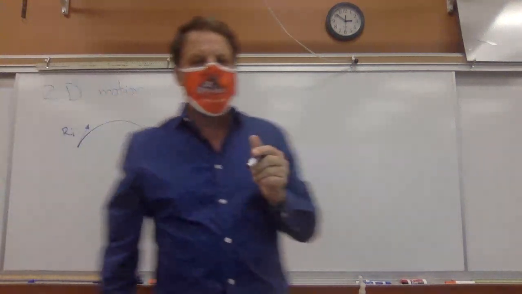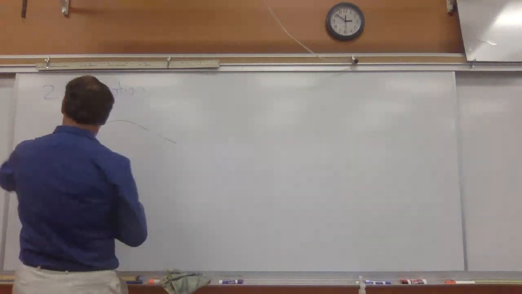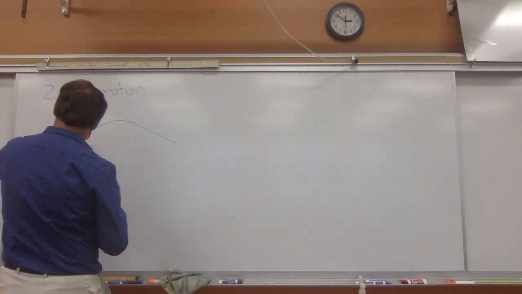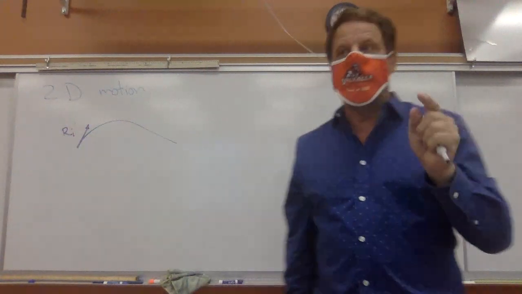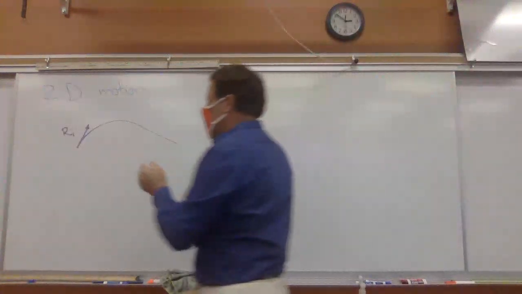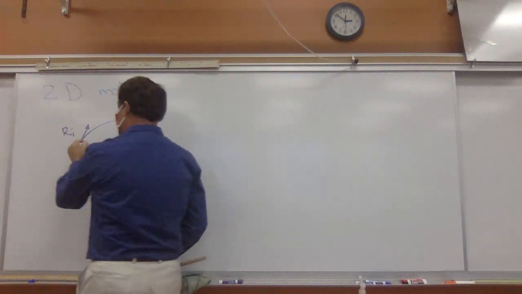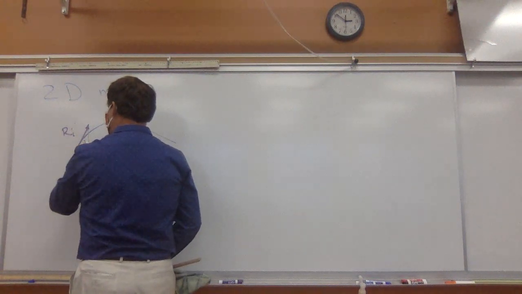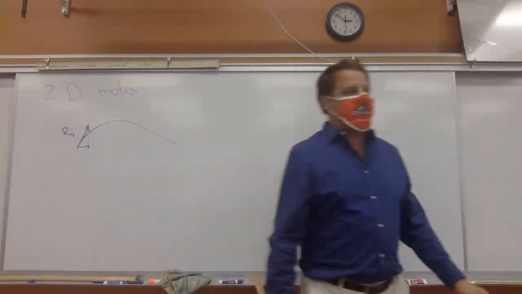If you will notice, I didn't put X and I didn't put Y, I put R, which is kind of like the hypotenuse. So what we really have here is an X direction and a Y direction, which is going to make up that vector.